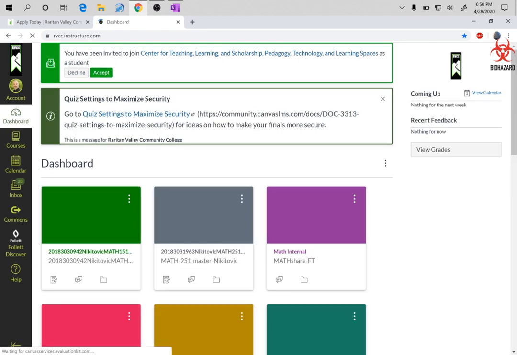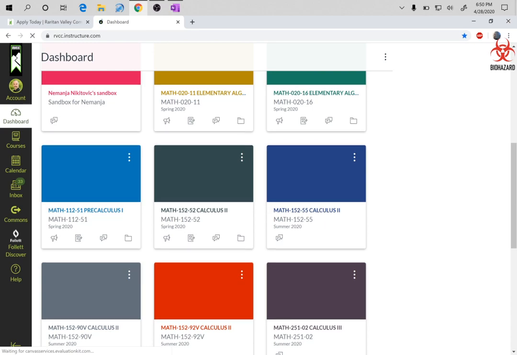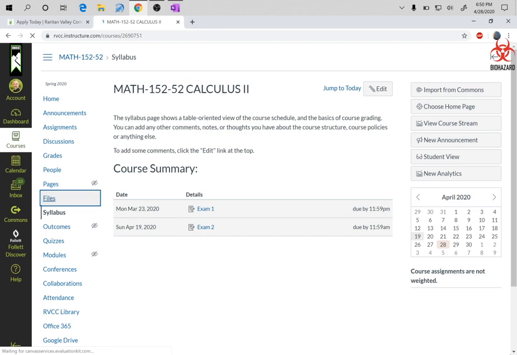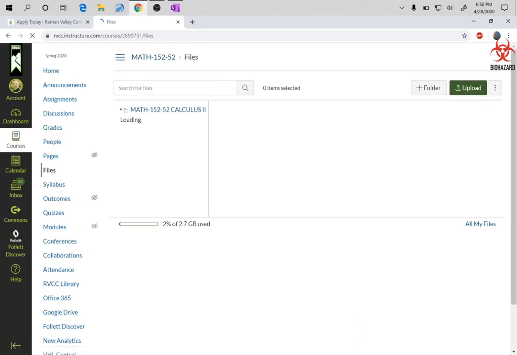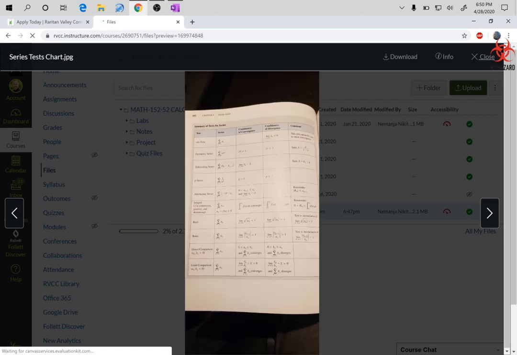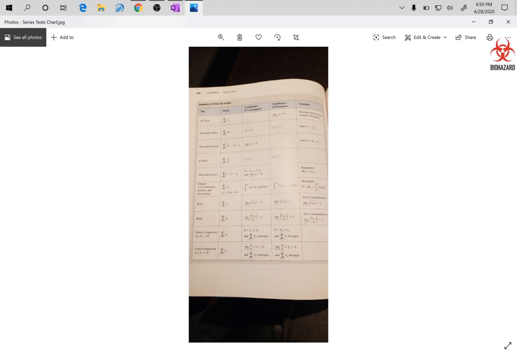Perfect. Let's go to courses. Let's go down to Calculus for Spring. Let's go to files. Let's go to the file series chart. There we go. Let's download this thing. Let's open it up. And I hope you can see this now on the stream.